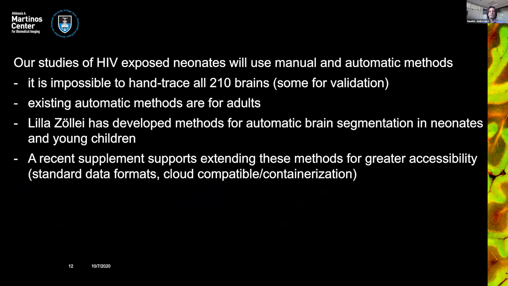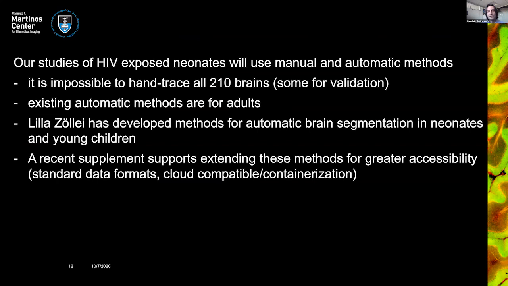So our studies of HIV-exposed neonates, which have just started, will use manual and automatic methods. Since we have 210 brains at 2 time points to hand trace, it won't be possible to do all this manual work, although some of them will be labeled manually for validation.